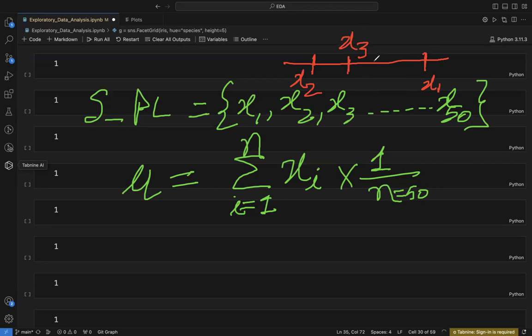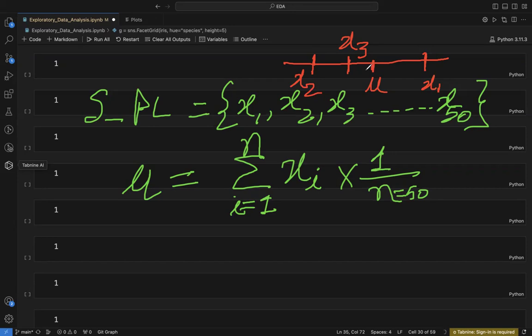Let's suppose this is my mu, that is my central value or mean. Spread is how far my points typically are from the mean. These are my observations, x1 till x50. I'm taking only 3 observations here just to make you understand. How far is observation x3 from this mean? How far is x2 from the mean?